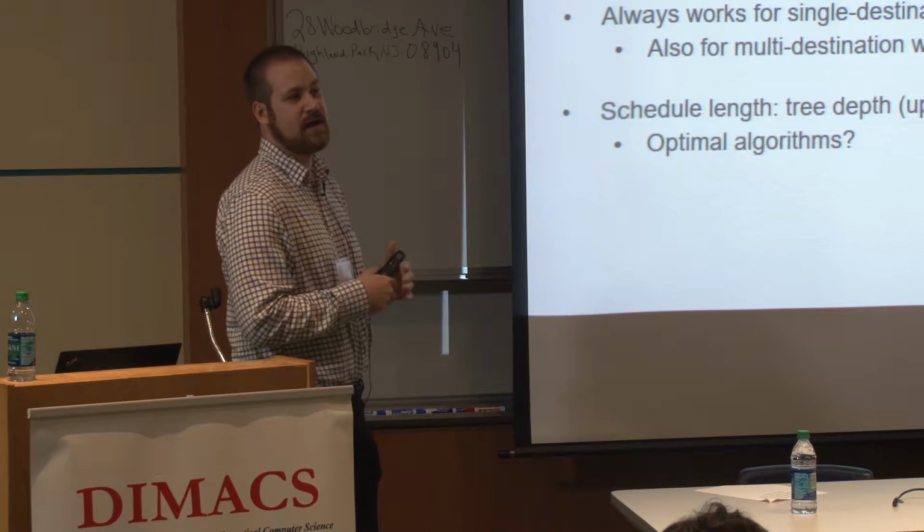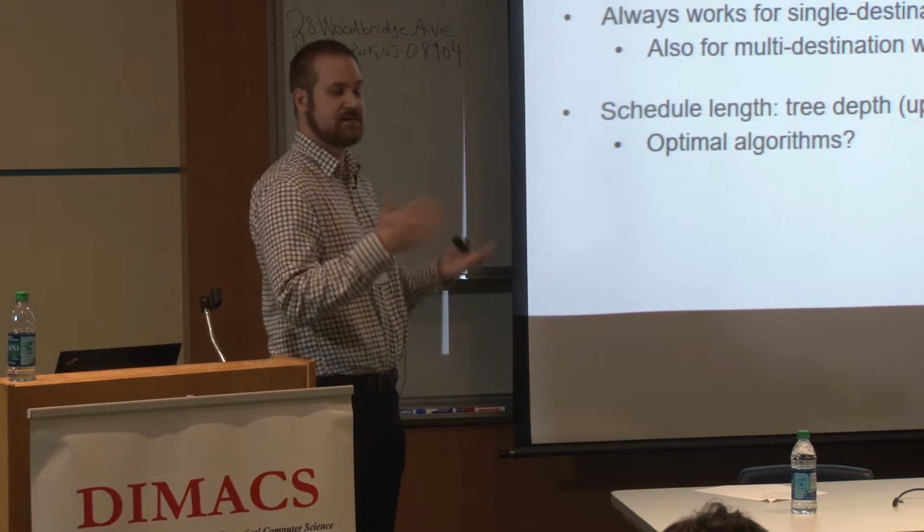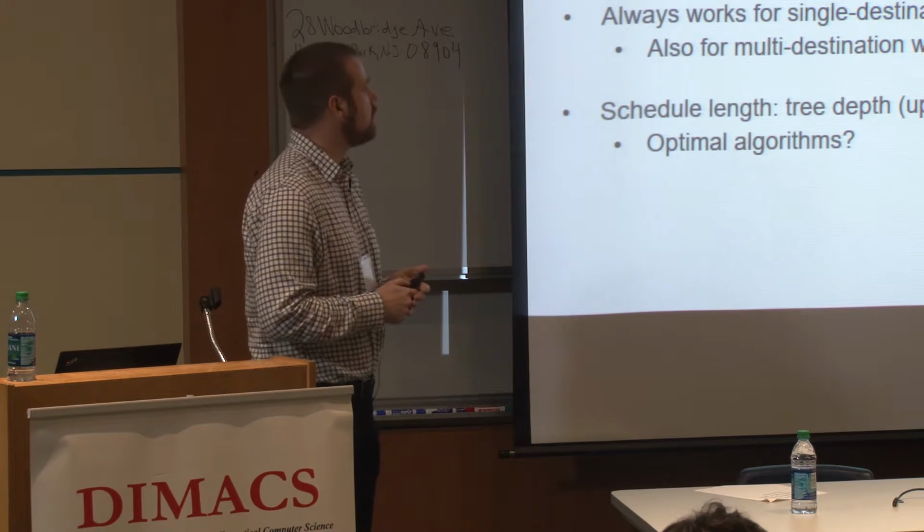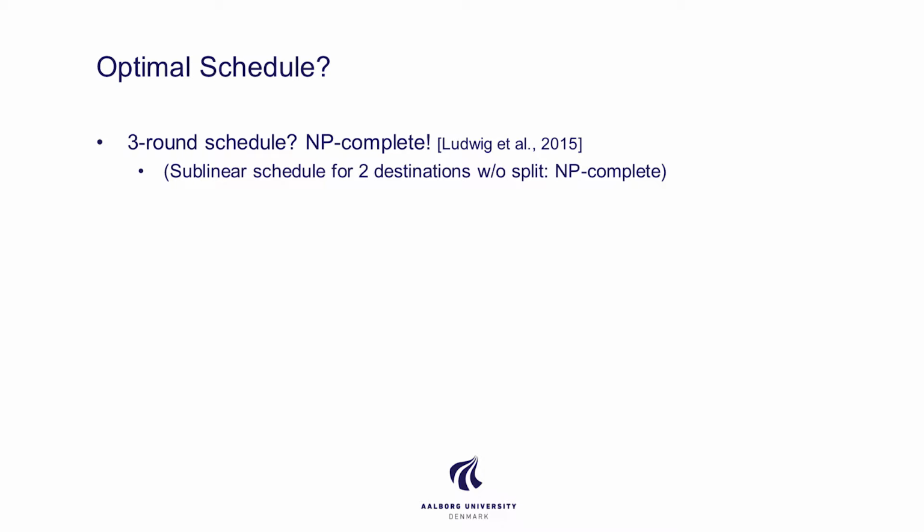So the natural question that comes up is, can we be faster than this? So maybe we can update tree level 3, 7, and 10 at the same time without having any loops. And a sad answer to this is that already figuring out if you can do it in 3 updates, one after another, is NP hard. So what can we do if we can't compute an optimal algorithm?